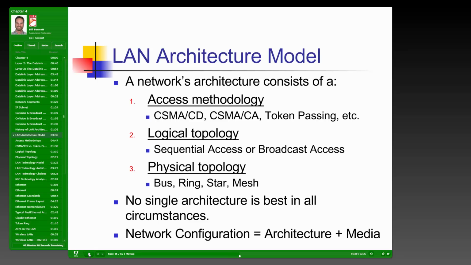A ring topology means that we are also transmitting from one device to the next, but in a ring fashion. In other words, the starting point also ends up being the ending point. In a bus network, that's not the case. The starting point is on one end of the cable, and the ending point is on another end of the cable.